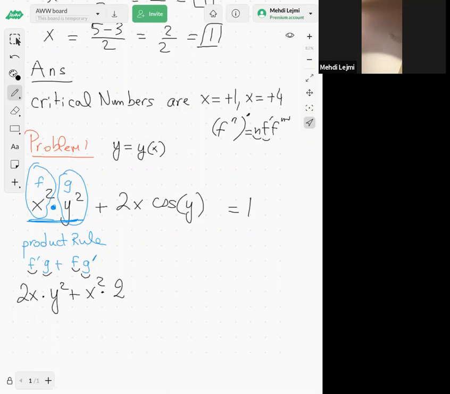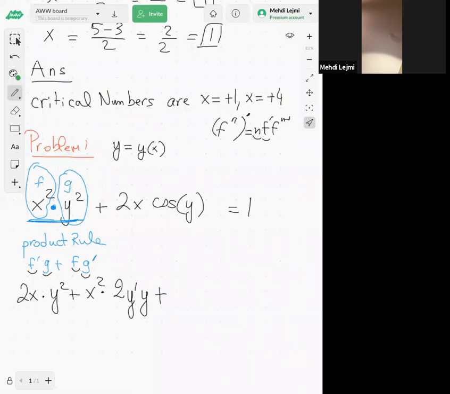So it's y prime, and then f to the power n minus 1, so it's y to the power 2 minus 1, so it's just y. So the derivative of y squared is 2y prime y. All right, so that's the derivative of the first term, the x squared times y squared.